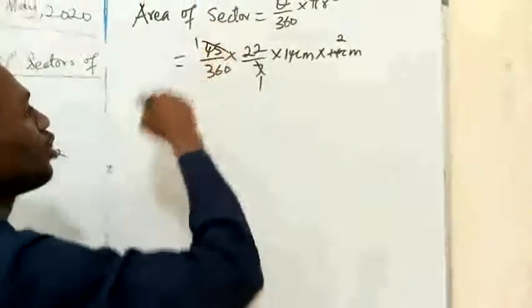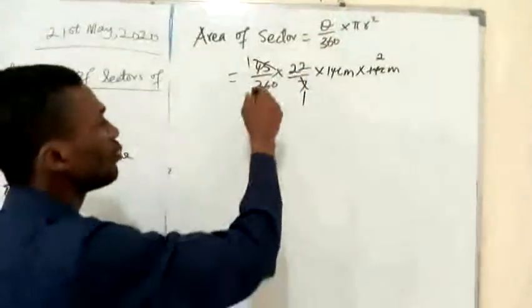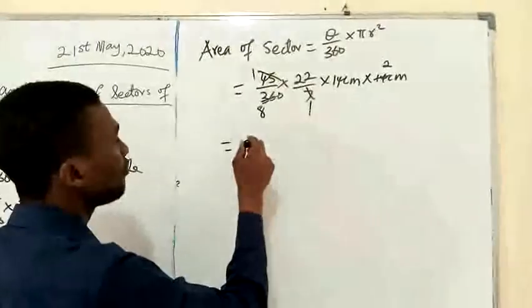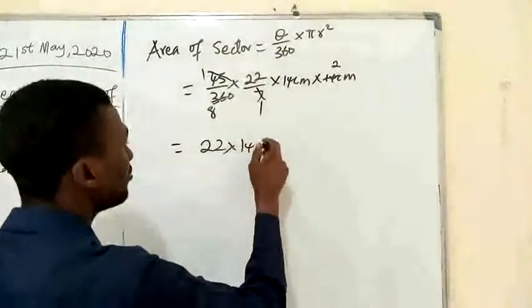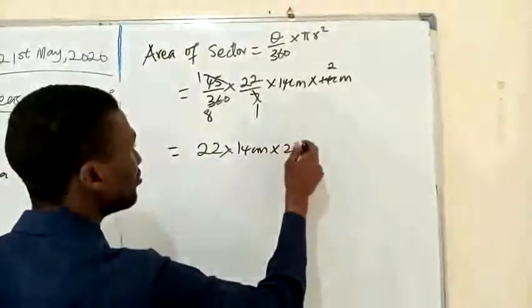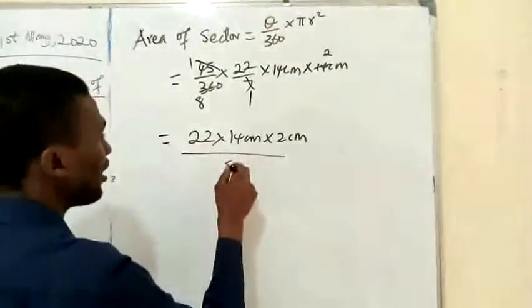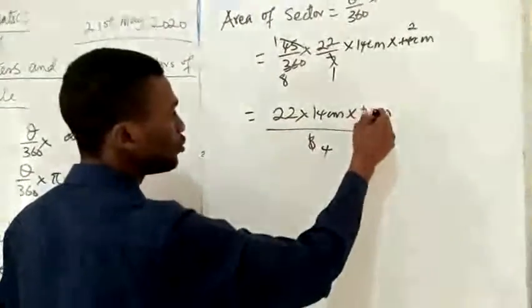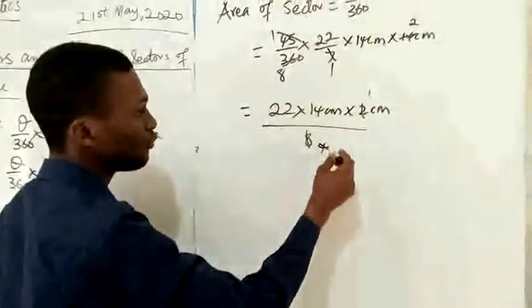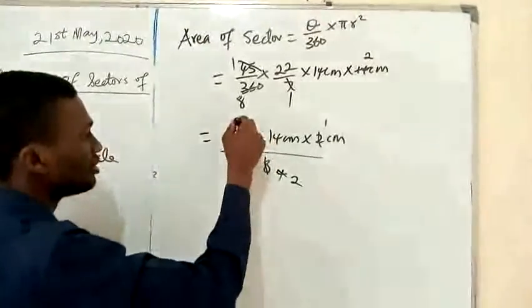45 into itself is 1, into 360 we have 8. So we now have 22 times 14 cm times 2 cm all over 8. 2 into itself is 4, 2 into 2 is 1. 2 into 4 is 2, 2 into 14 is 7, 2 into 22 is 11.